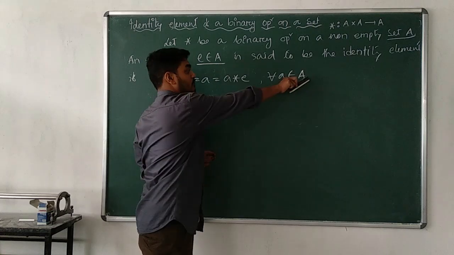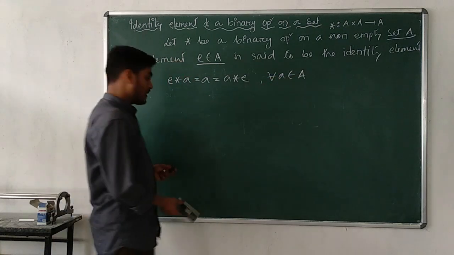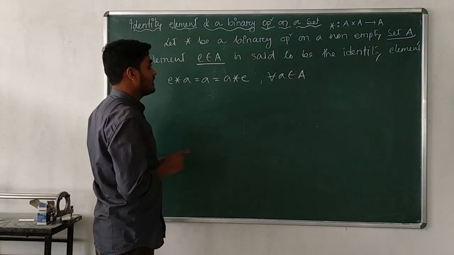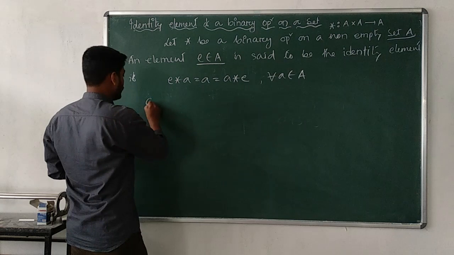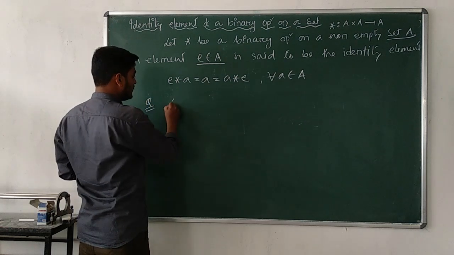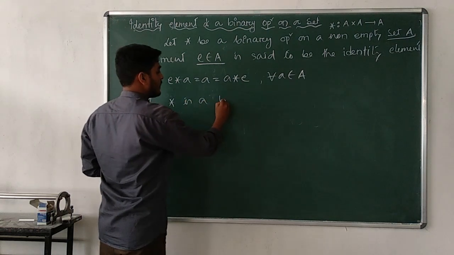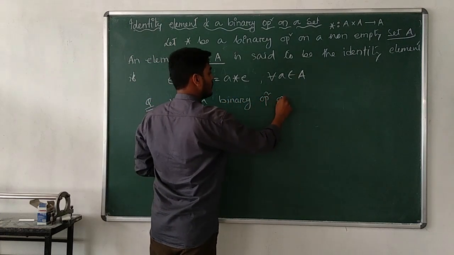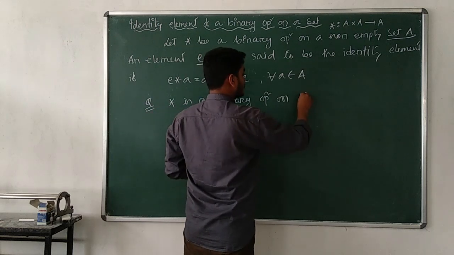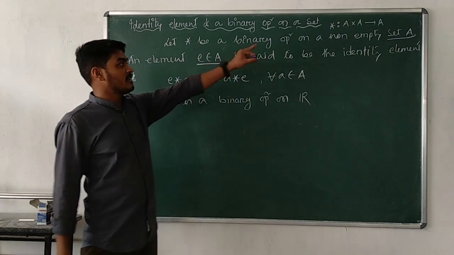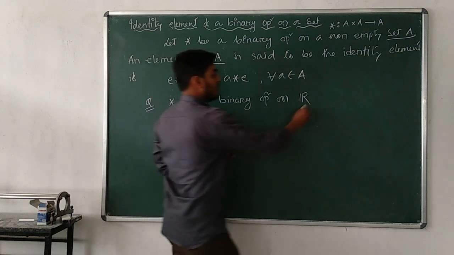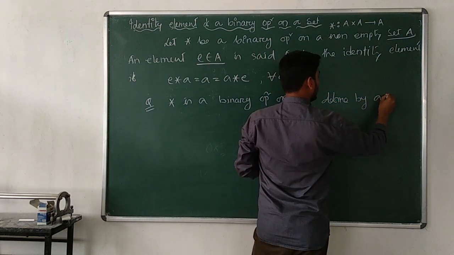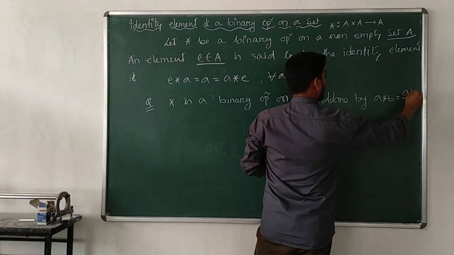With each element of A, the operation gives the answer. Let us consider a few examples, then it will be easier for us to have the idea about the identity element of any binary operation. Suppose the question is given like this: star is a binary operation on R. That means star maps R cross R to R, defined by a star b equal to ab by 4.